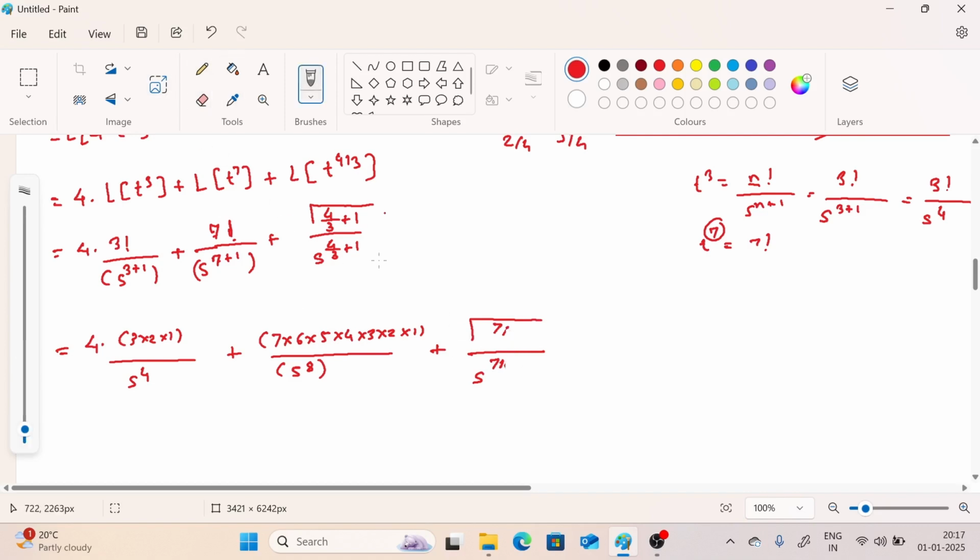I just did cross multiplication. If you don't know, I will show it again.